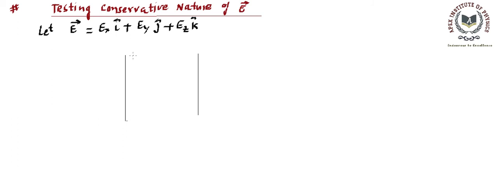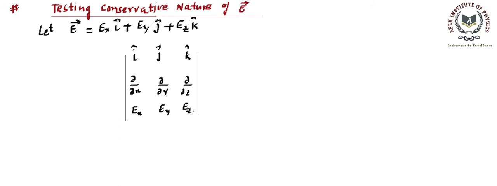In the first row, we are going to write i cap, j cap, k cap, and then we will be writing the partial derivatives: del upon del x, in this del upon del y, and in this next del upon del z. And in the last row we will be writing the x component of the given expression, the y component, and the z component.